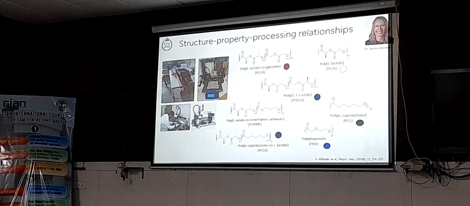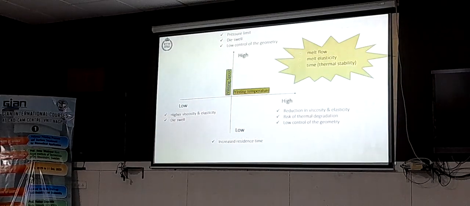So we chose the most common polylactide-based copolymers, and then we made up a chart. We looked into the printing speed and the printing temperature and tried to map where these polymers are.